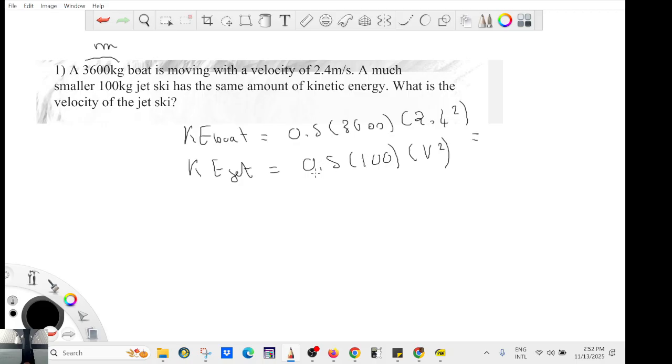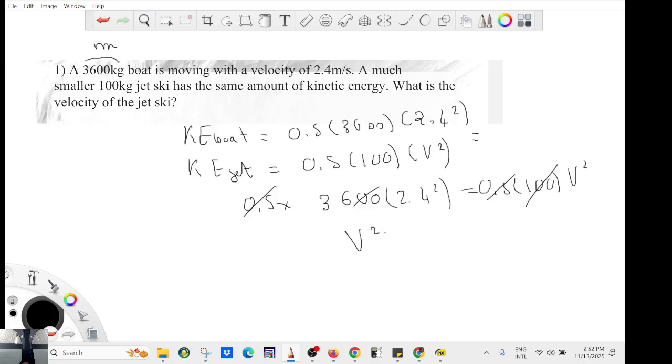You can cross out the 0.5, you cross out the 100, you see, 36. I'm going to do it so make sure everyone is on the same page. So again, you have to practice doing it in your head. The zeros go bye-bye, the 0.5 goes bye-bye. So v squared equals 36 times 2.4 squared, and you do it on purpose so you can do it in your head.